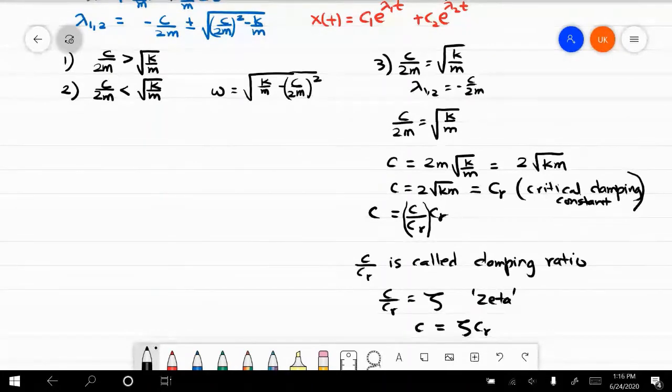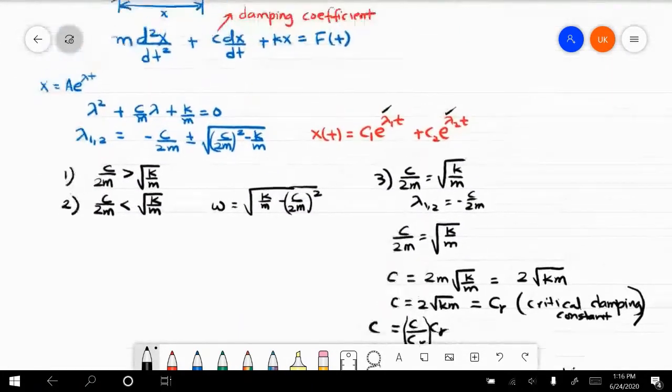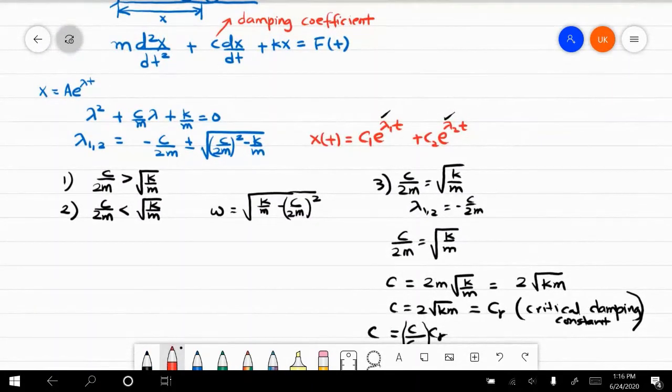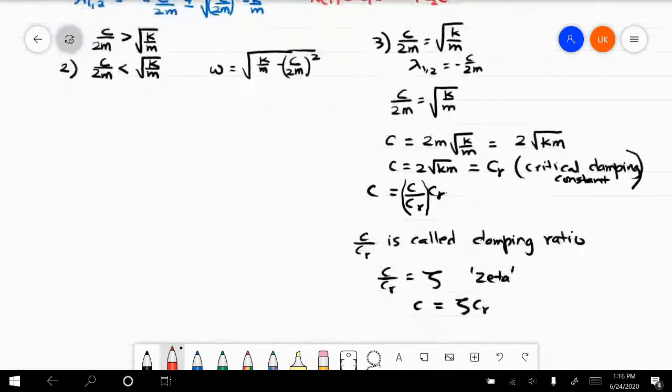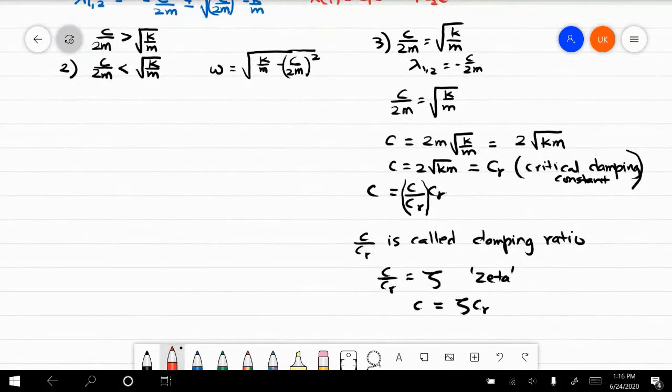Very soon I'm going to rewrite this equation in terms of the damping ratio. So I'm going to substitute for C. You'll see that soon, and there is an advantage of doing that, as it will become clear in a little bit.